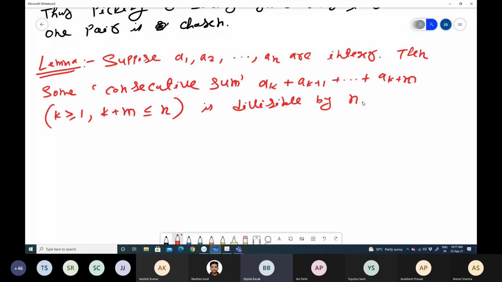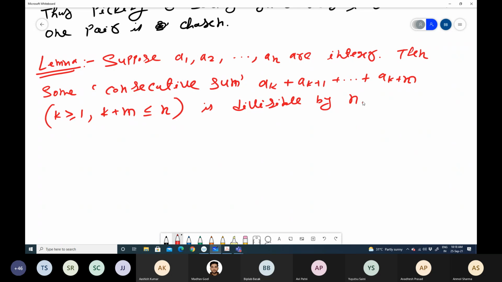We are not saying consecutive integers, we are saying consecutive sum. So a2 is consecutive to a3 and this way. Now if you have some k and k plus m, so that a_{k+1} up to a_{k+m}, this consecutive sum is divisible by n.